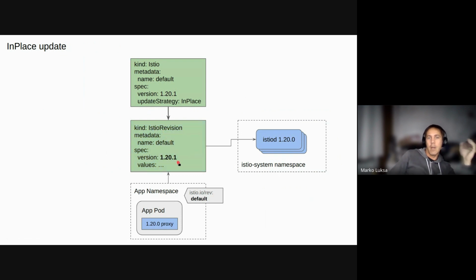And then, depending on how you configure the automatic update of the workloads, you either have to bump the pods yourself, or the operator will do that for you, right? So this just includes restarting the deployments and replica sets and whatnot.